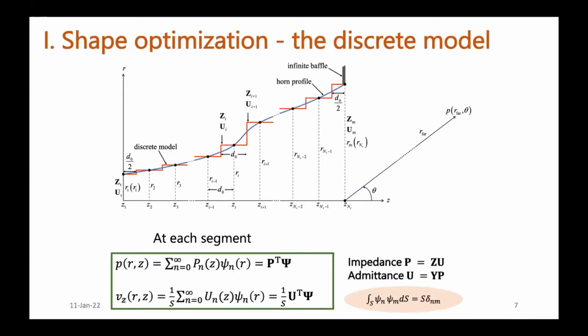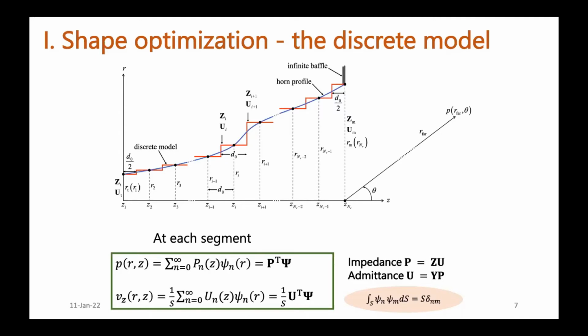There should be many segments to well approximate the continuous horn shape. And at each segment, we know that here is a uniform waveguide, so the pressure and the velocity on the axis of propagation can be represented as a series.